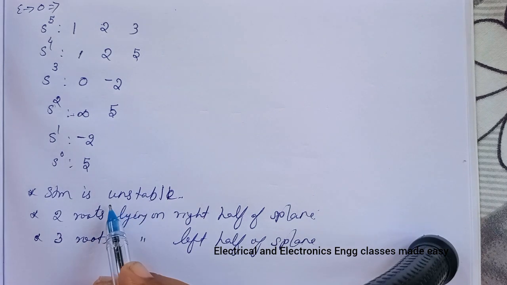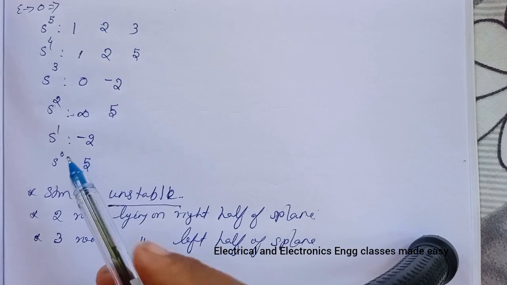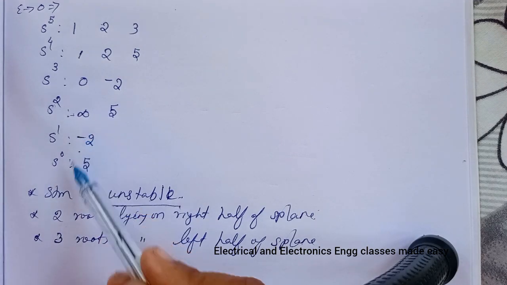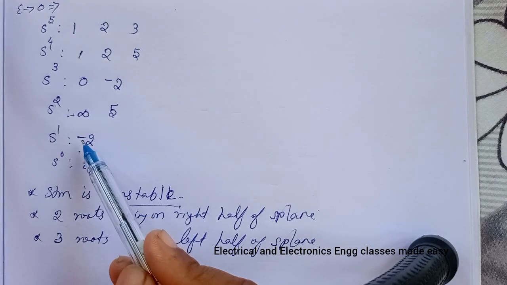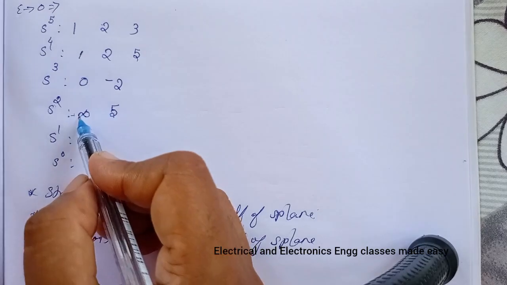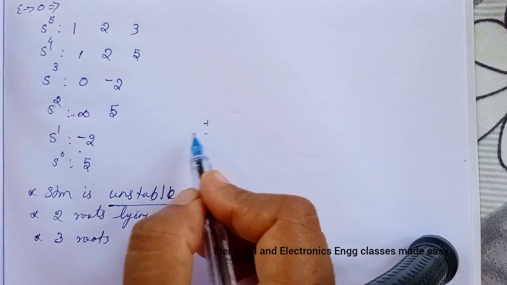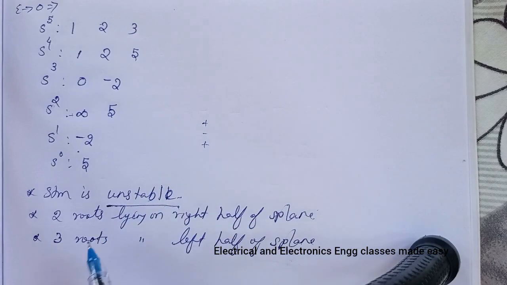So the system is unstable and 2 roots are lying on the right half of S plane because there are two sign changes, that is plus to minus and minus to plus, and 3 roots are lying on the left half of S plane.